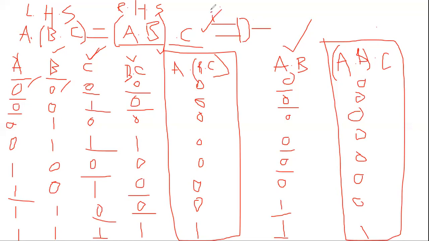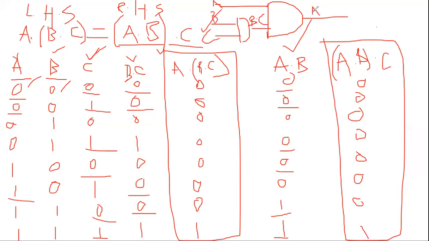This is B, this is C, this is A. First B and C are taken as inputs, then the output here is B dot C. Now A is one input, B dot C is another input.